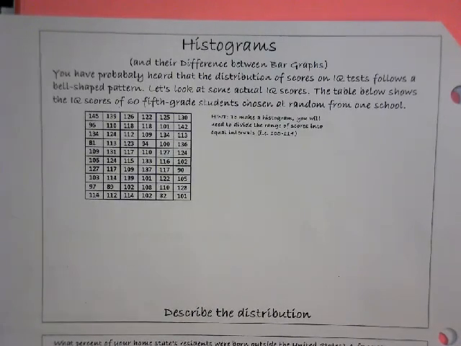Nolan does? Oh, thanks, Nolan. Twice in one day I picked on you. Histograms and the difference between bar graphs. You have probably heard that the distribution of scores on IQ tests follows a bell-shaped pattern. Let's look at some actual IQ scores. The table below shows the IQ scores of 60 fifth grade students chosen at random from one school.